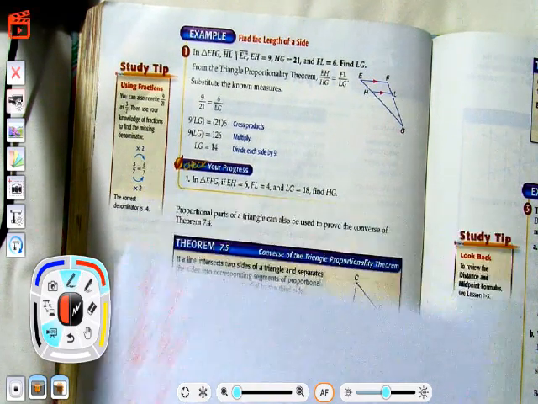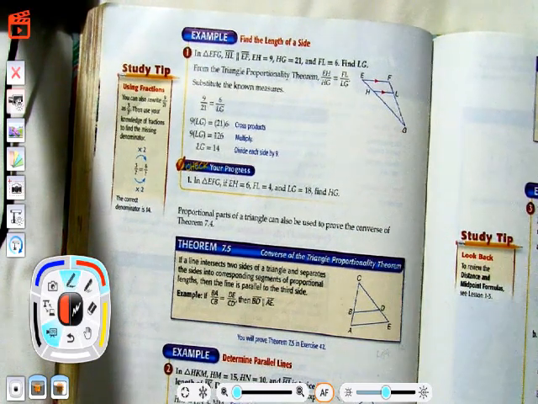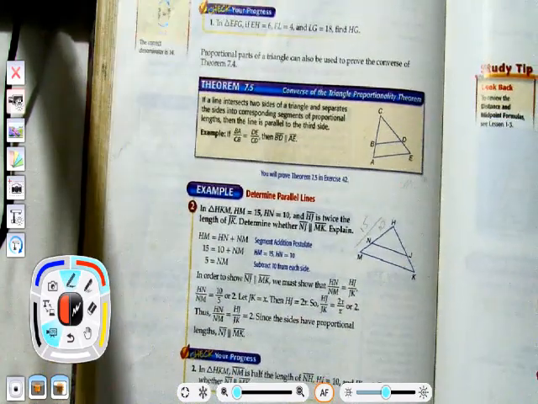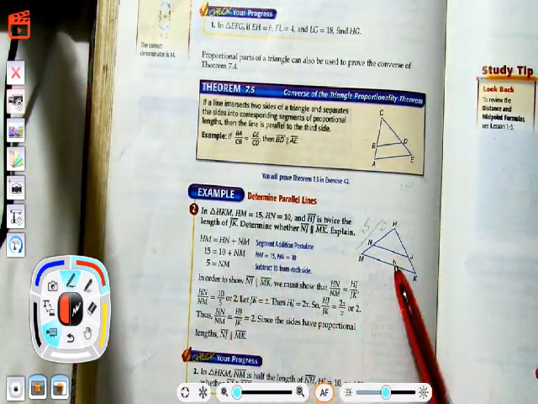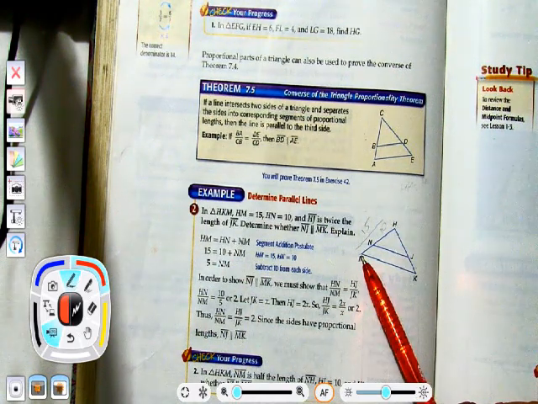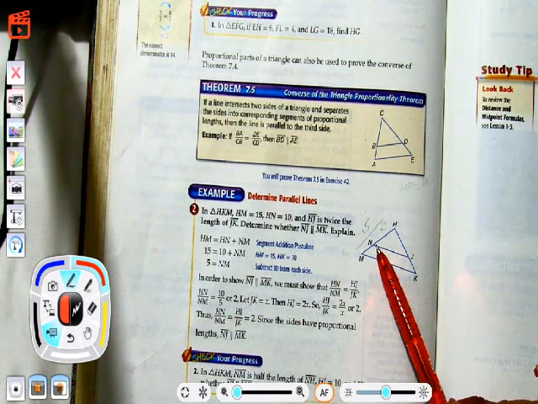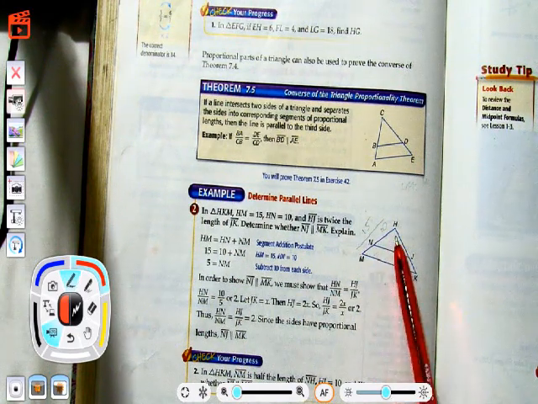Okay, next, the converse of the mid-segment. Here you see HM is 15. So H to M is 15. H to N is 10. So remember, we're dealing with segments here, like what I just told you. We just deal with segments.